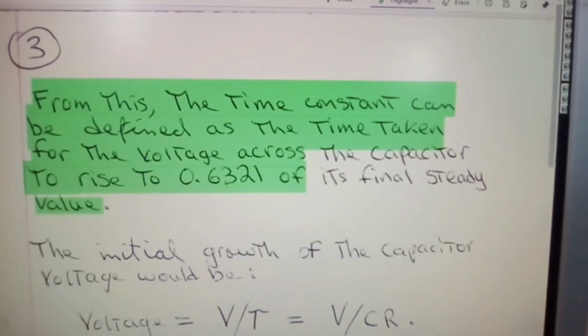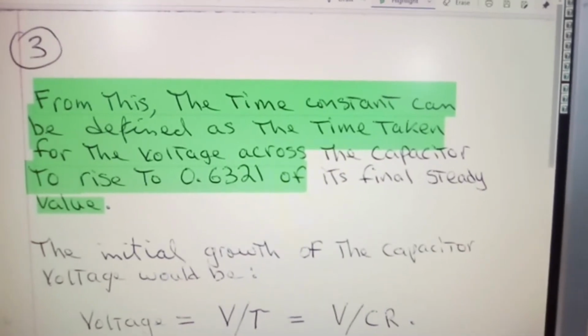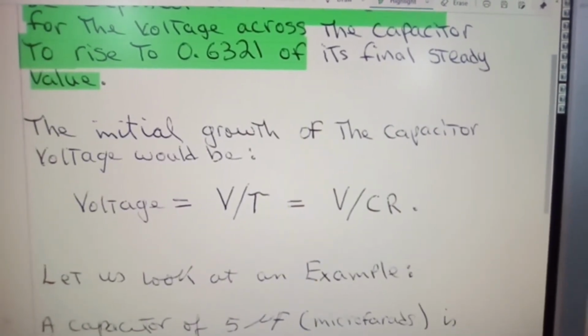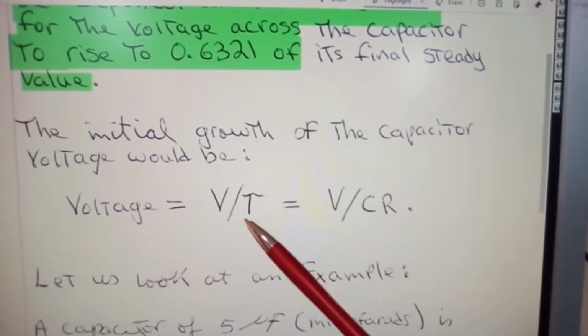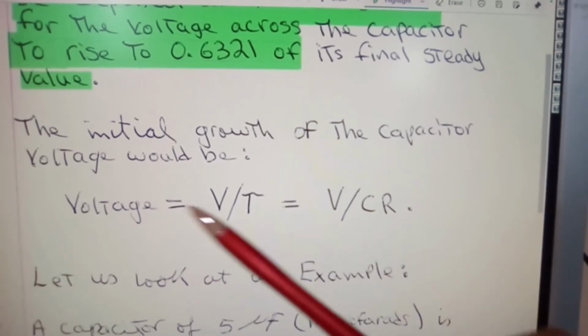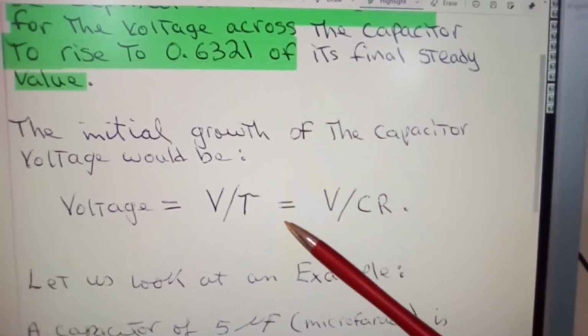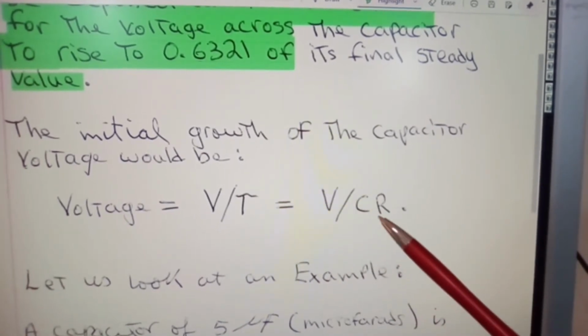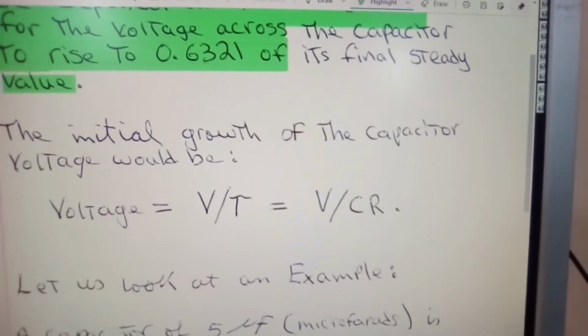Now the initial growth of the capacitor voltage would be voltage equals V over T equals V over C times R. And C times R gives you the time constant.